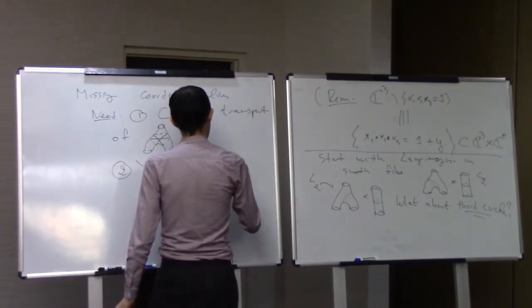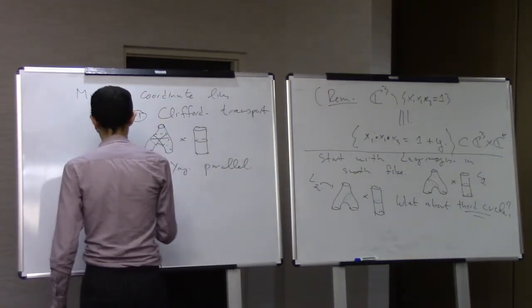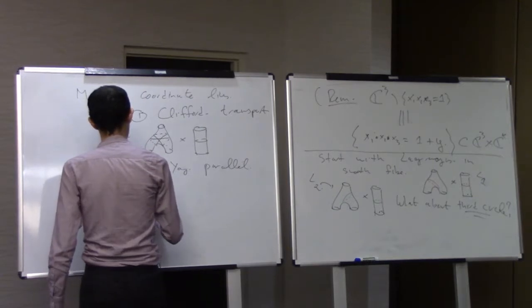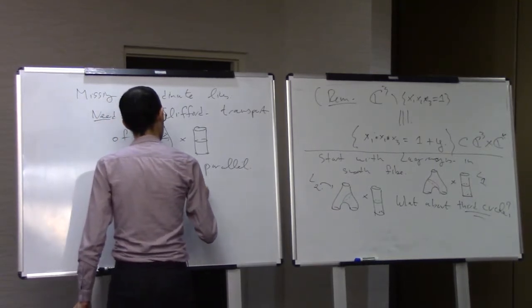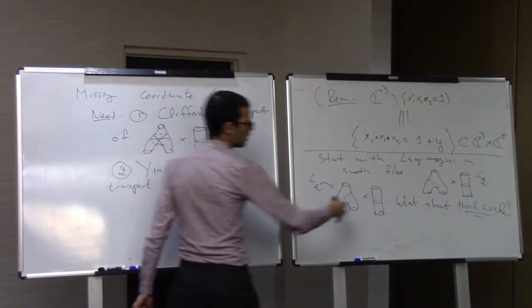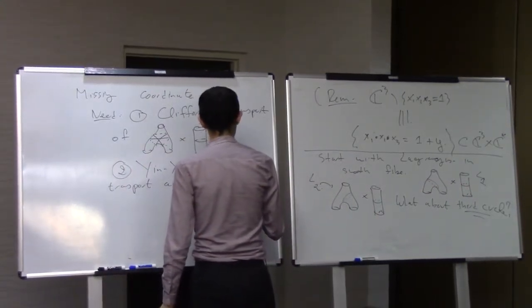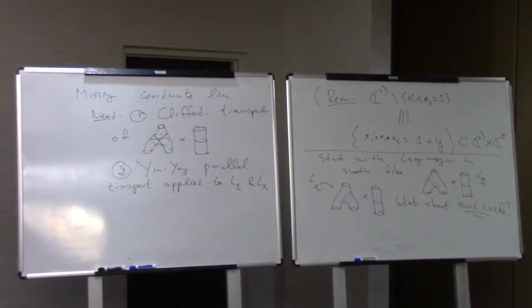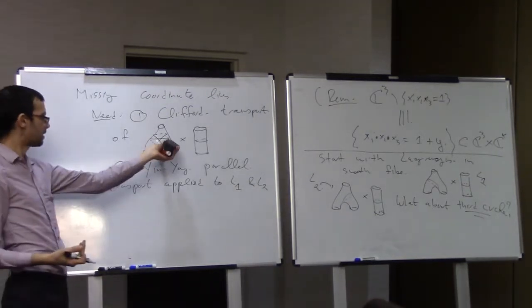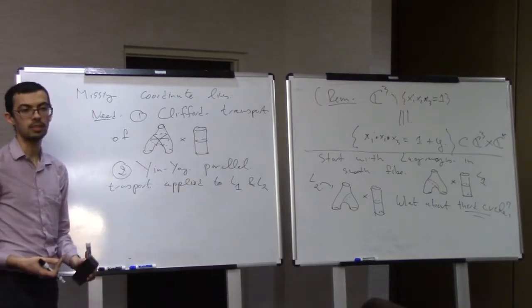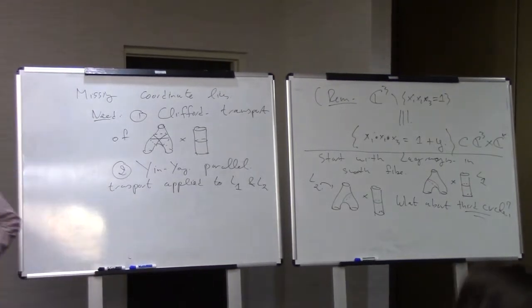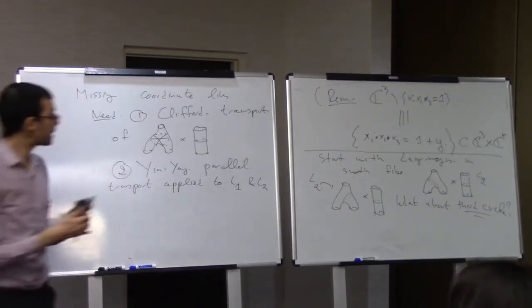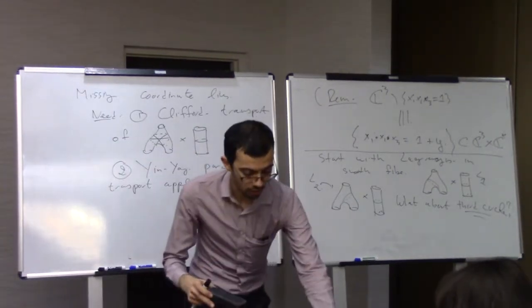Parallel transport applied to L0 and L1, L1 and L2. If you do this, then you get the coordinate lines minus 1 point, which is the origin. And how do you get it back? You take this thing in the fiber and you parallel transport it. Okay, that completes this.